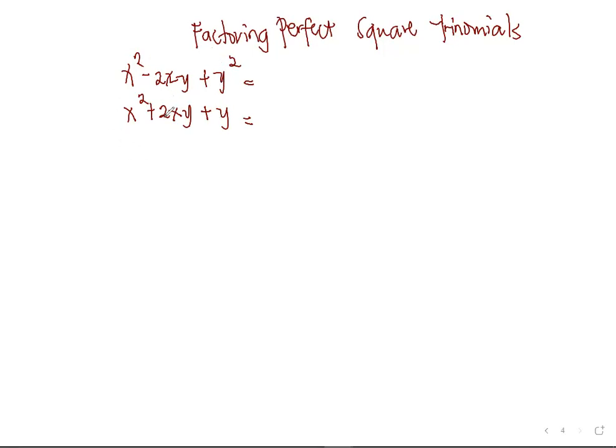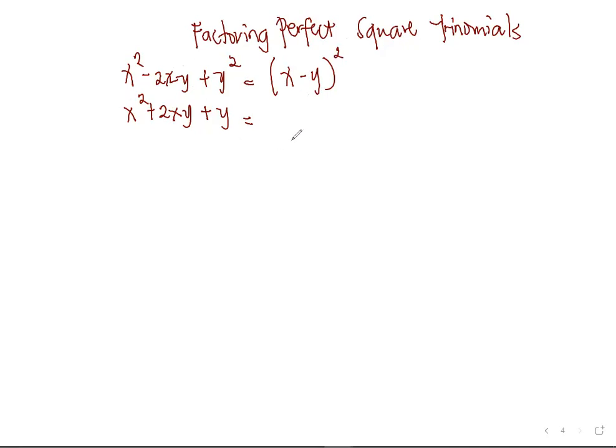Okay, so x squared minus 2xy plus y squared, the factor must be the square of x minus y. Okay, kapag magkaiba po sila ng operation, the operation inside the parentheses must be negative, or must be a subtraction.